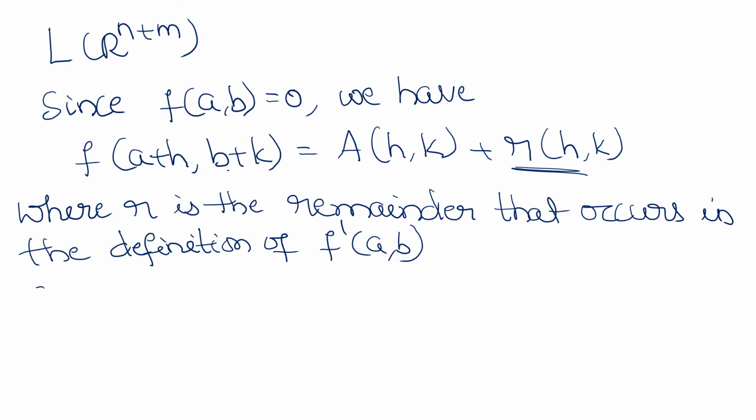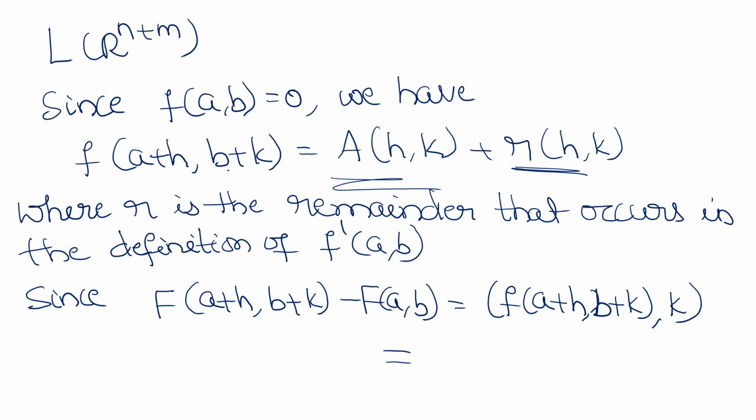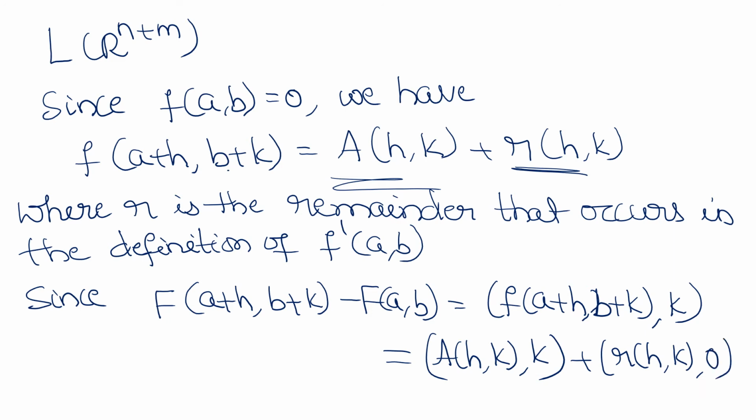Now we already know this, since f of (a+h, b+k) minus f of (a, b) you can write as F of (a+h, b+k), which in terms of this linear operator, as we have just said, is A of (h, k), k plus R of (h, k), 0.